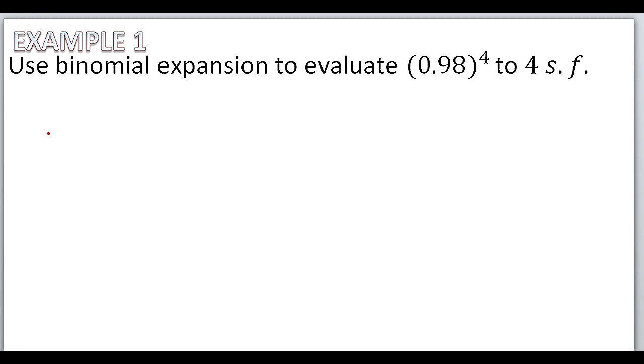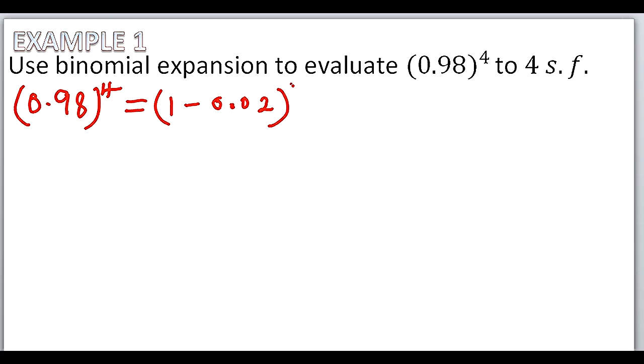In this example, we are going to use binomial expansion to evaluate 0.98 to power 4 to 4 significant figures. So before we expand, let's write 0.98 raised to power 4 is the same as (1 minus 0.02) to power 4.